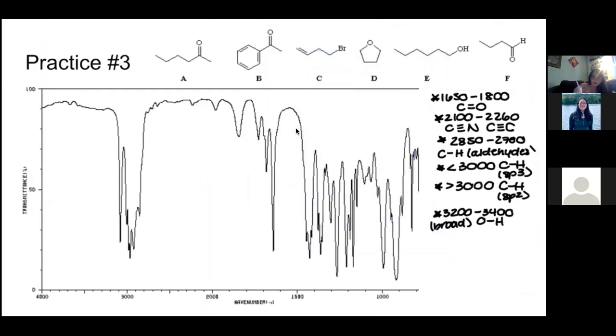So last but not least, it's going to be this one. Once again, same thing as always, ignore the stuff down here. You're actually going to notice sometimes there are peaks that are very close to the fingerprint region. So I want to say the fingerprint region's about here-ish, but there's this one that is just right outside the fingerprint region.